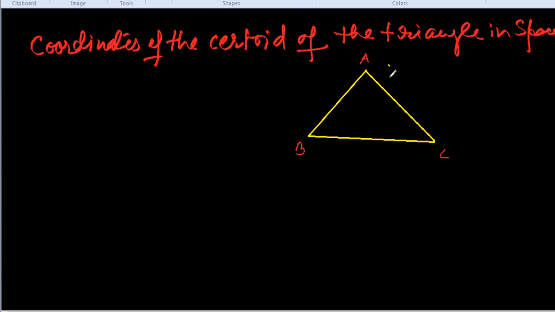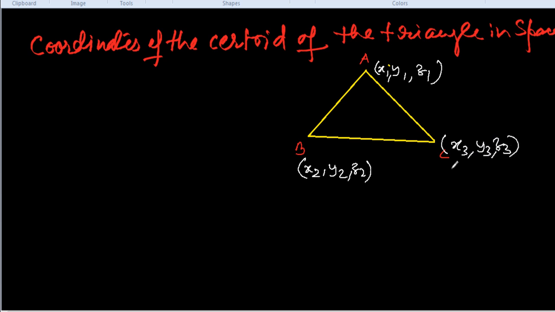The coordinates of point A are x1, y1, z1, point B x2, y2, z2, and point C x3, y3, z3.